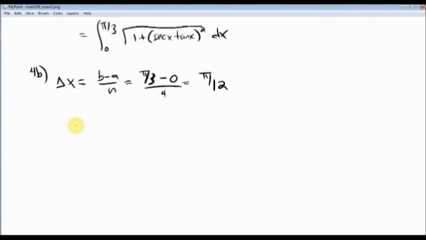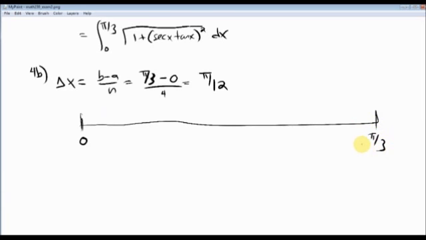Alright, now what I like to do when we have the midpoint is to have 0 and pi over 3, and I'm splitting us up into four regions. Okay, so this is x1, x2, x3. This is x4.